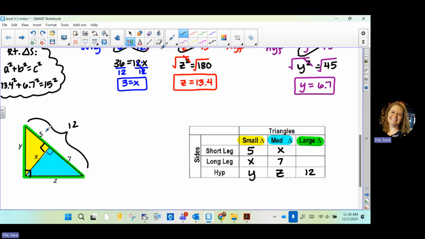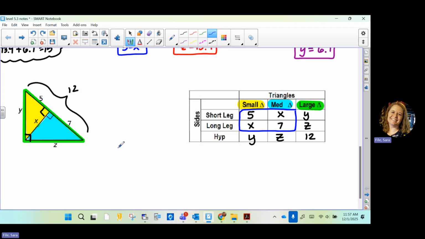This side, the 5 is less, so Y is shorter than the Z, because the Z is on the longer side of the portioned hypotenuse. So Z is the long leg and Y is the short leg. So once you have your table organized, you can again see proportions that you can set up and solve.